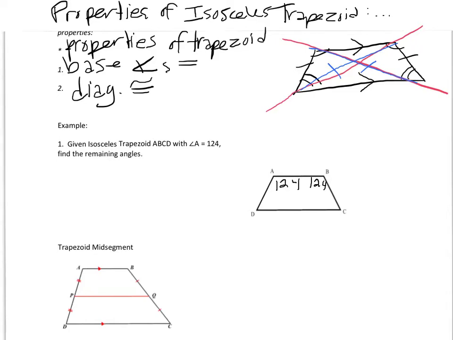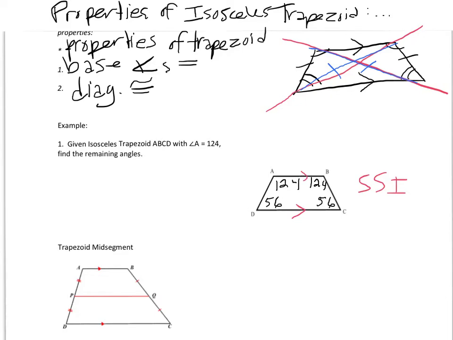And since I know that this side is parallel to this side, I can use same side interior to know that those angles need to add up to 180 degrees. So 180 minus 124 is 56. So I know that this angle down here has to be 56 as well as this angle.